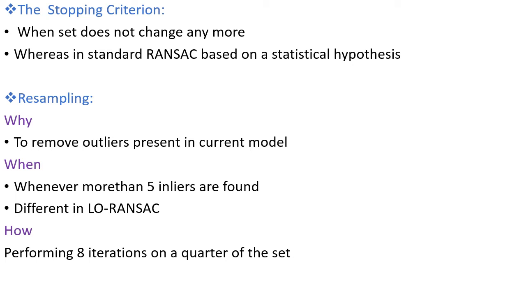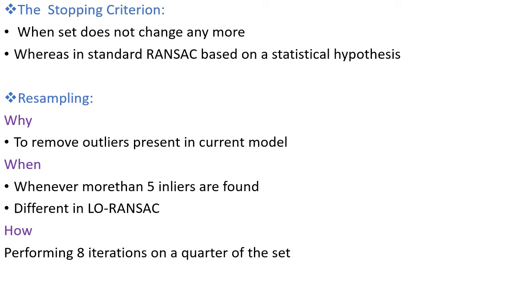Whereas in standard RANSAC, based on some statistical hypothesis, it will be terminated. We saw that when the number of samples required crosses the number of iterations, it will be terminated. It is all based on the percentage of inliers, as we have seen earlier.